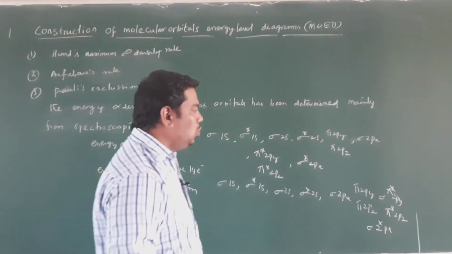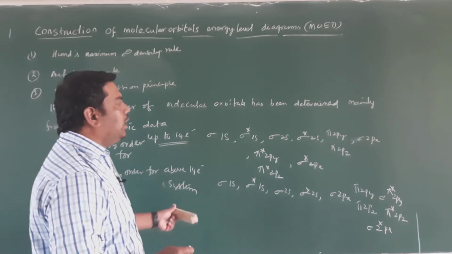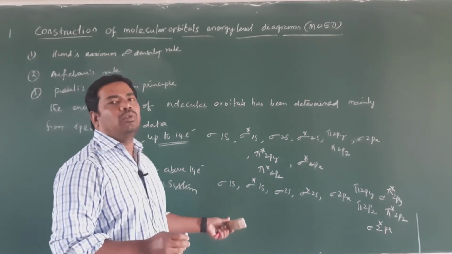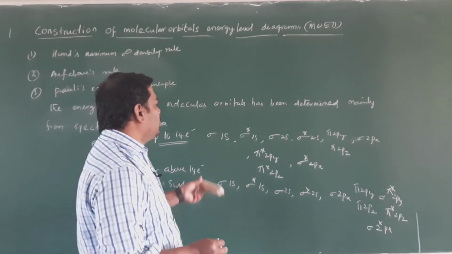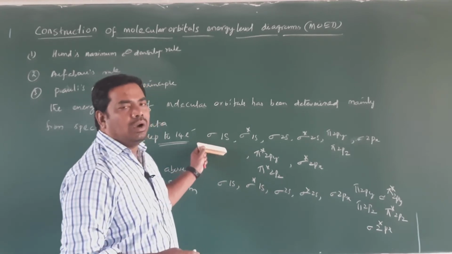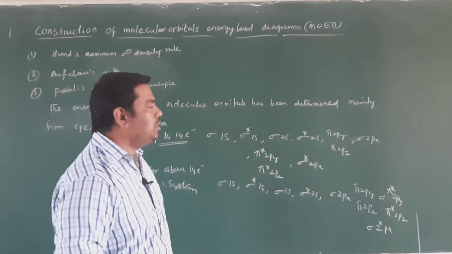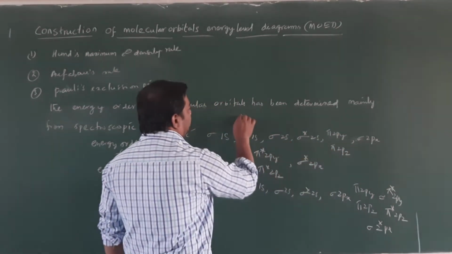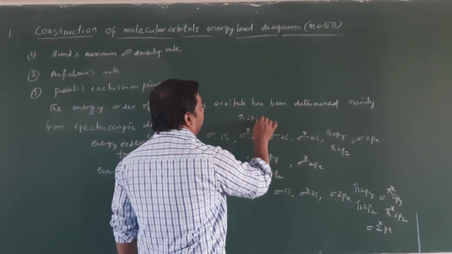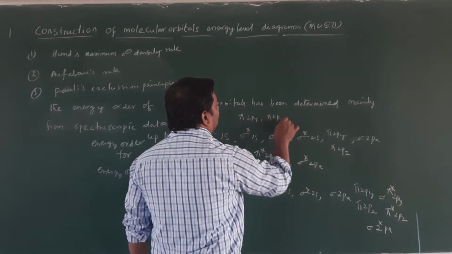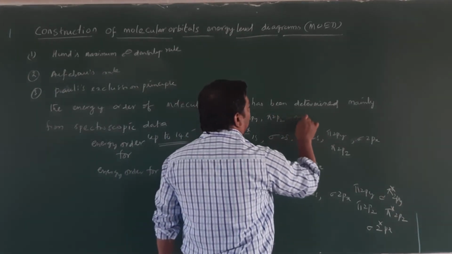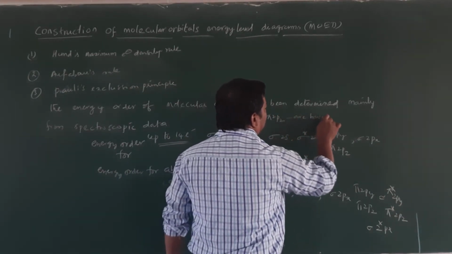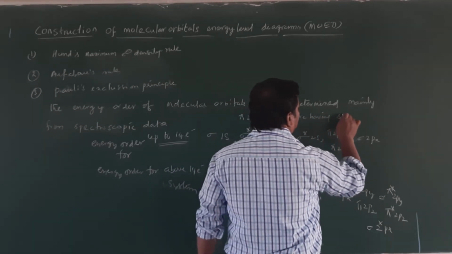So this is the energy order for above a 14 electron system, as opposed to the order for up to a 14 electron system. Here, what it indicates is that pi 2py and pi 2pz have the same energy.